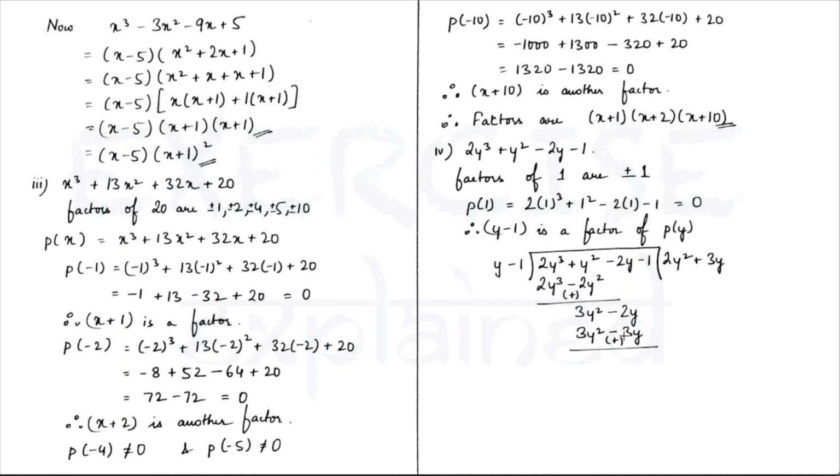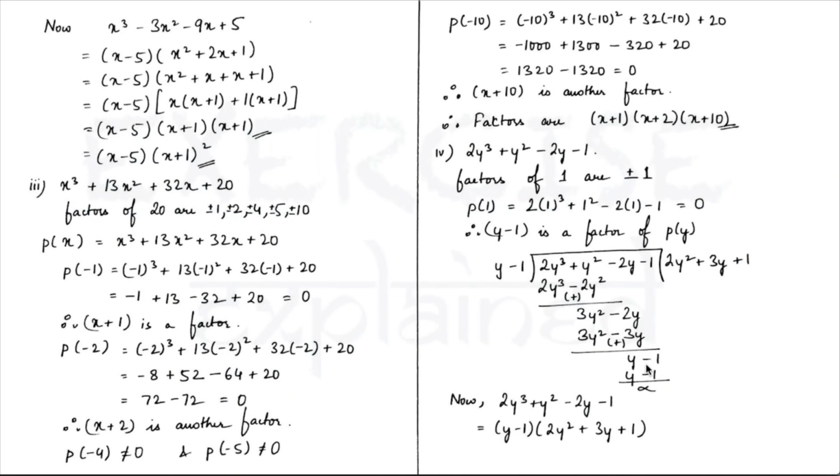Now this is minus of minus, so it will act as plus. So 3y minus 2y will give us y, and this minus 1 will come straight away down, and we have got y minus 1. So here what I have got is y minus 1, and here also we have y minus 1. So we just multiply by 1. So in quotient I write it as plus 1, and what we get is y minus 1. You can see the remainder is 0.